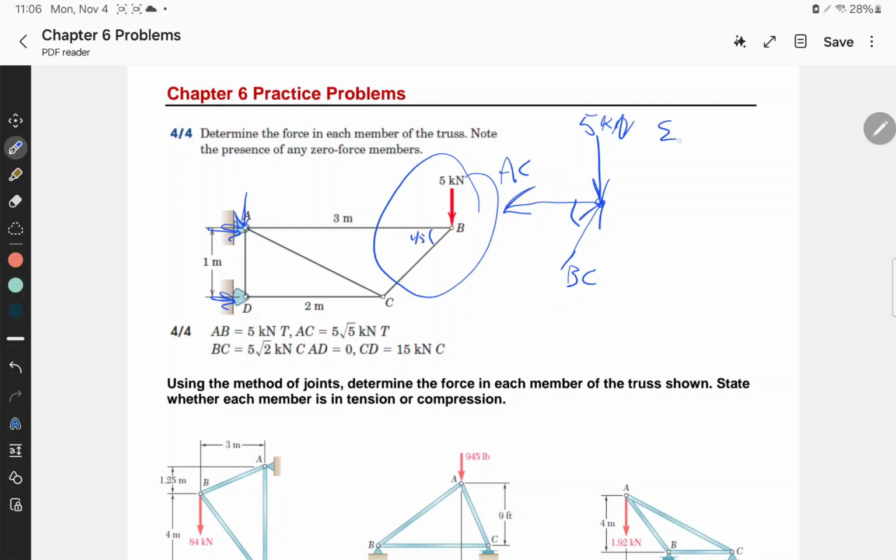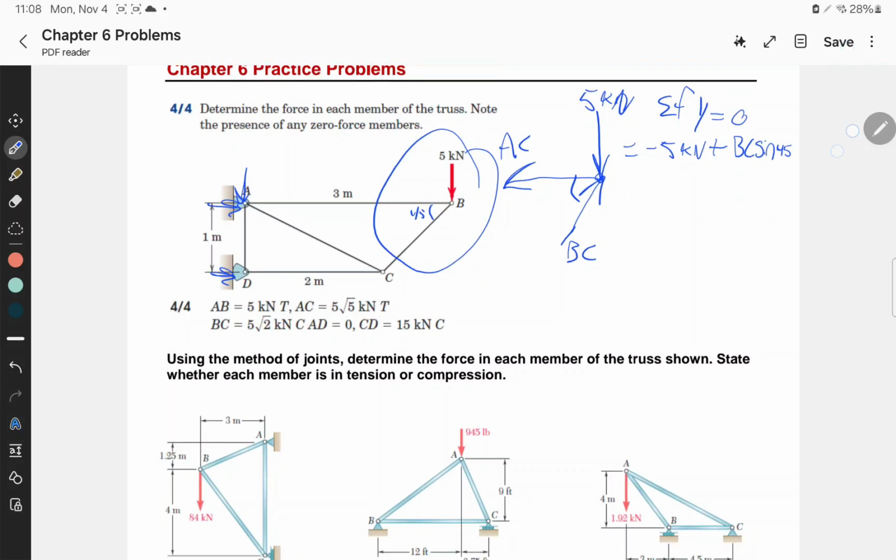And we're just gonna find sigma Fy, and there's no Fy on this one, so it's gonna be equals 0, minus 5 kilonewtons plus BC sine 45.